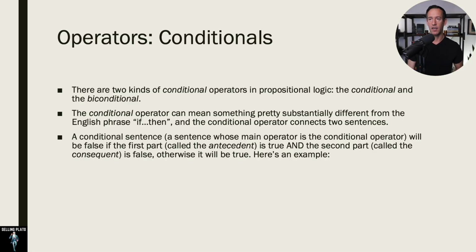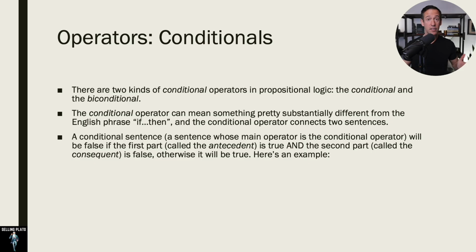A conditional sentence, a sentence whose main operator is the conditional operator, will be false if the first part, which we call the antecedent, is true, and the second part, which we call the consequent, is false. Otherwise, it's going to be true.